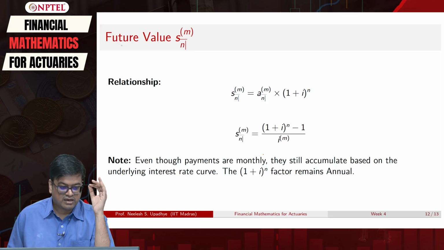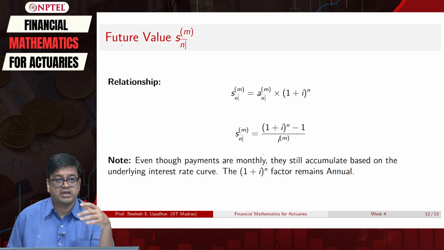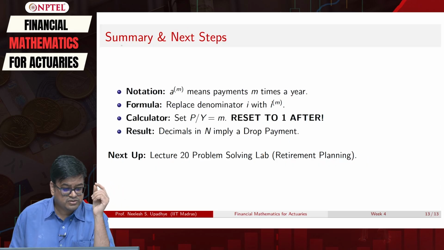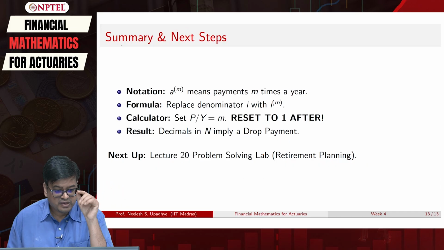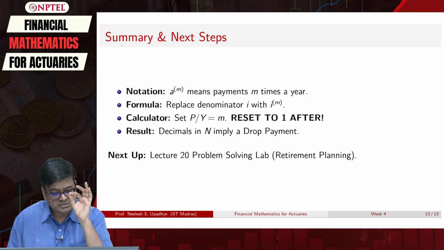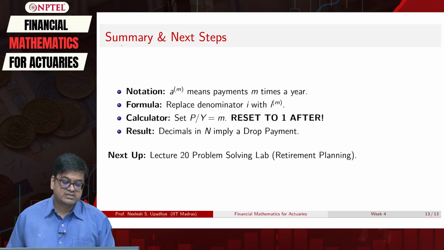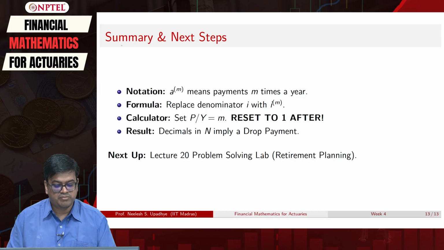So we have learned the exact relation when we have annuities which are paid monthly. Let us summarize what we have done. We have used the notation A M, which means payments M times a year. We replaced the denominator I with I M, and then we saw this calculator trick where P by Y was set to be equal to M, and you have to set it to 1 after you have done all the calculations.